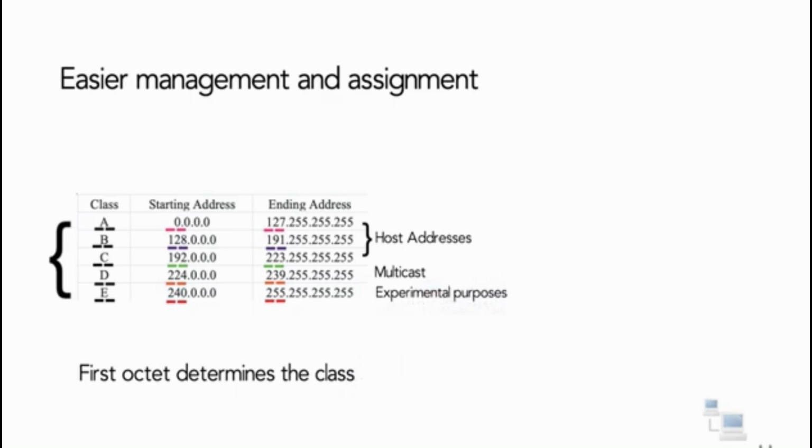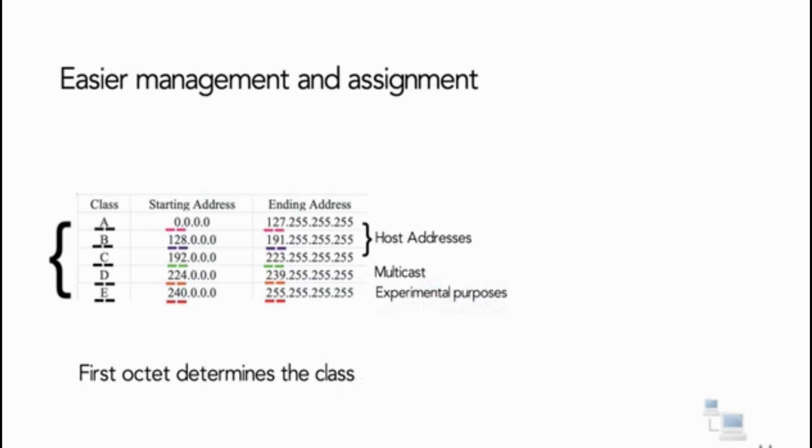Each class has a range of valid IP addresses. The value of the first octet determines the class. For example, 1 to 127 determines the Class A IP address range. 128 to 191 determines the Class B IP address range. 192 to 223 determines the Class C IP address range. 224 to 239 determines the Class D IP address range, and the last, 240 to 255, determines the Class E address range.